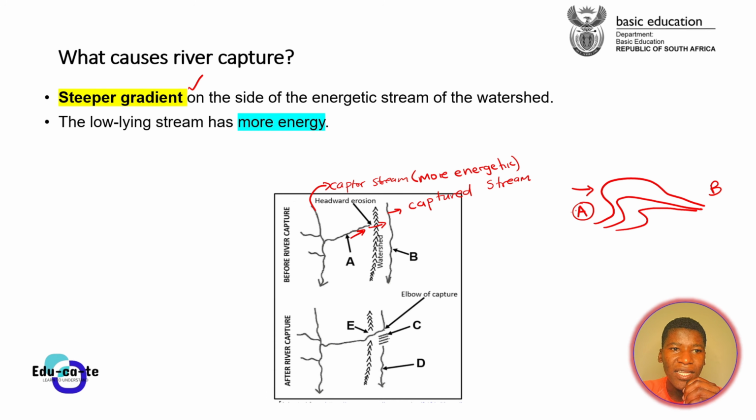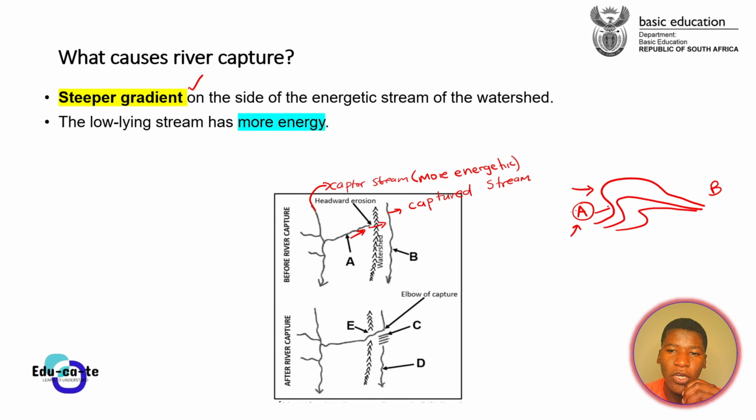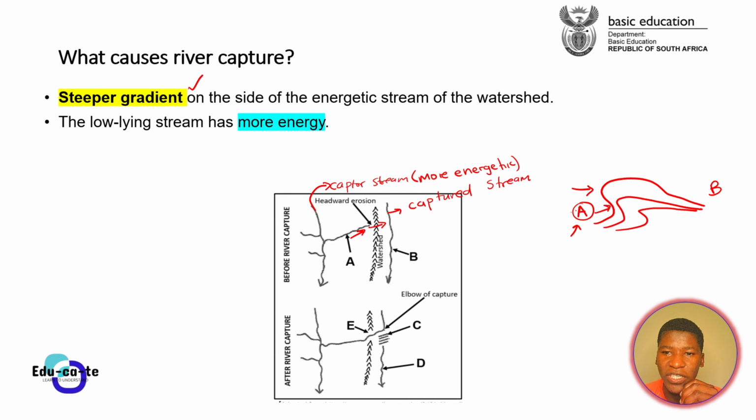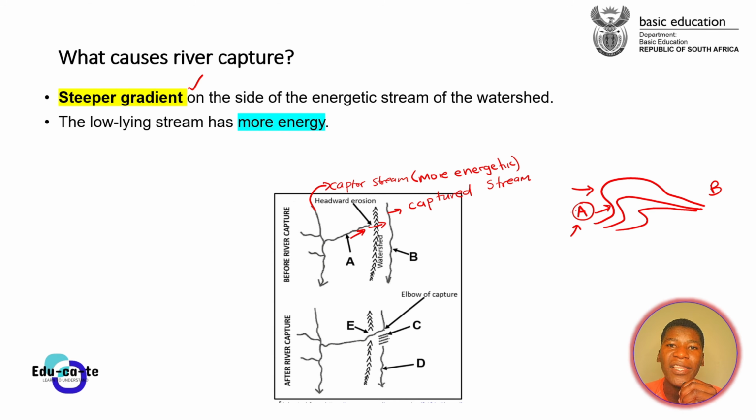The other reason: the low-lying stream has got more energy. So if it happens that the captor stream is in a lower lying area than the captured stream, then the captor stream will be able to erode headwards through the watershed so that it can reach the captured stream.